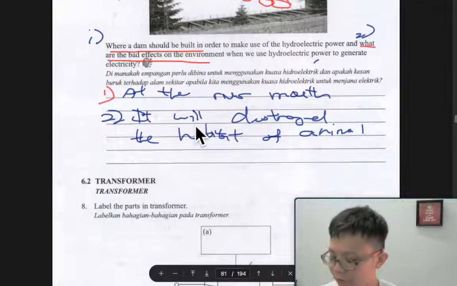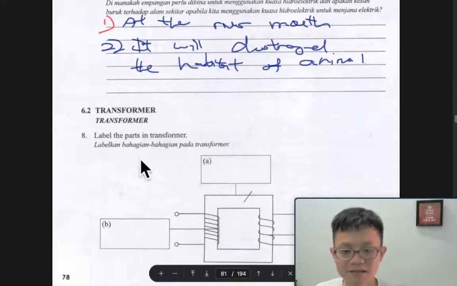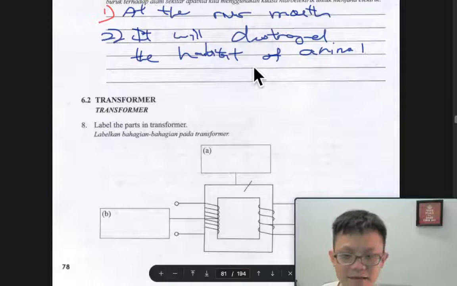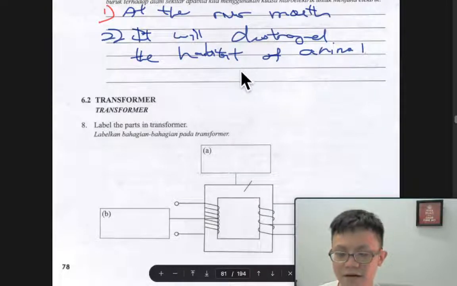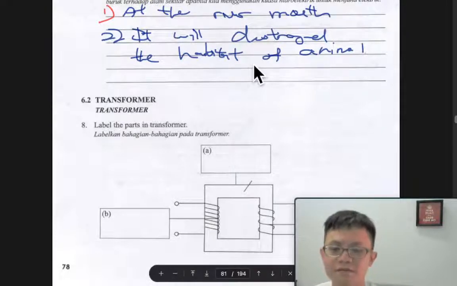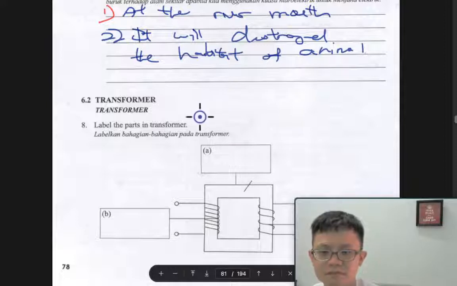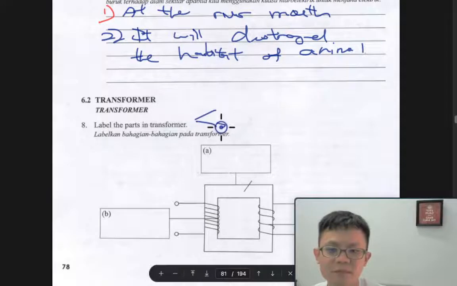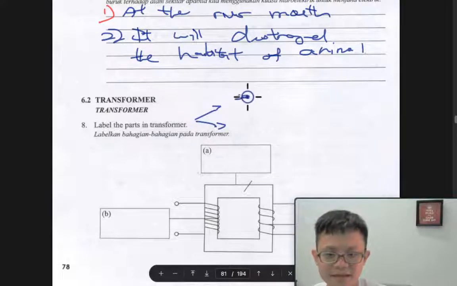Okay, transformers. What is a transformer? I can say again. A transformer is a device for changing the voltage of an alternating current. So a transformer only can work either it can step up the voltage or step down the voltage.